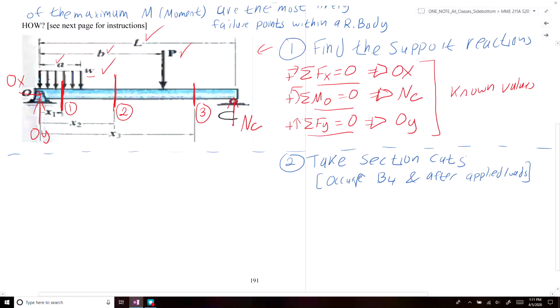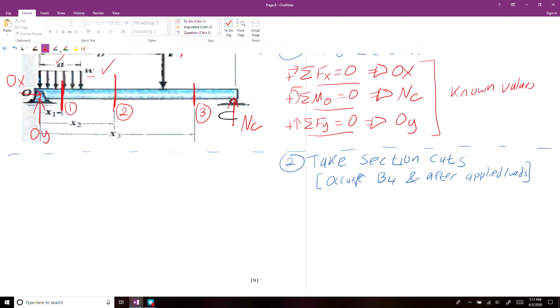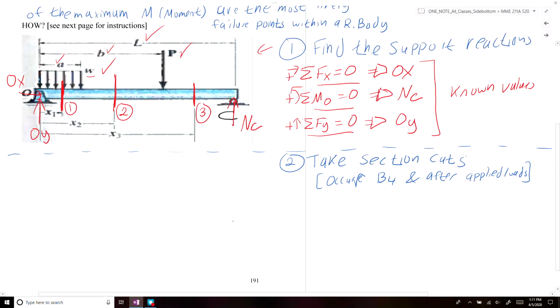So what we can do now is, at section 1, if we draw our section cut, we have our distributed load w applied to the section.